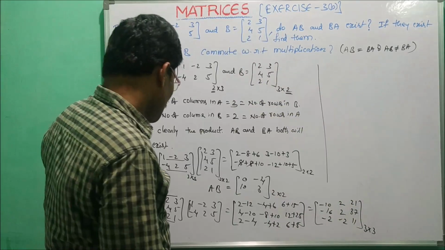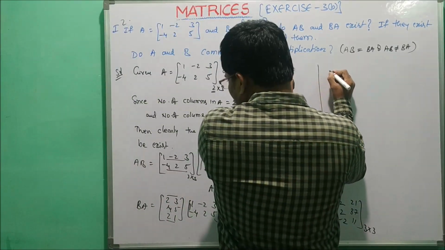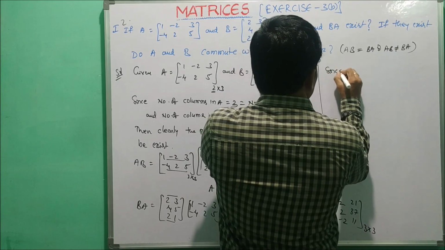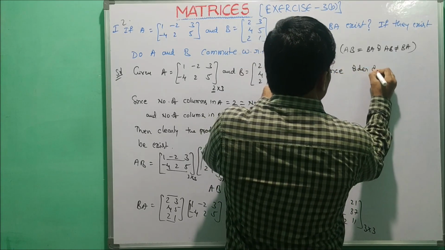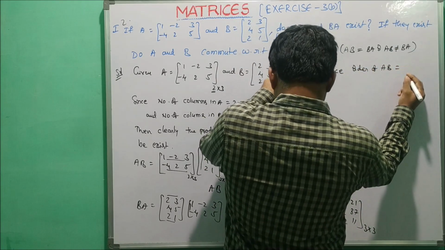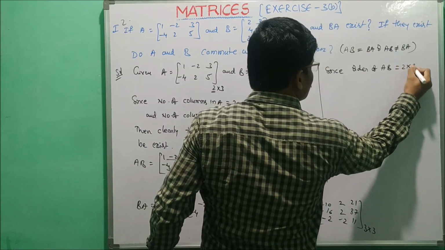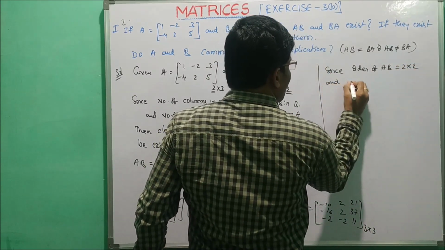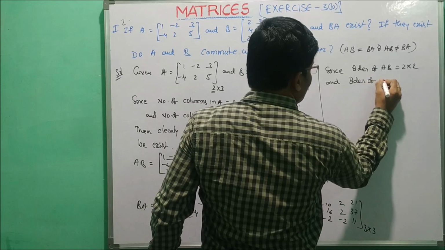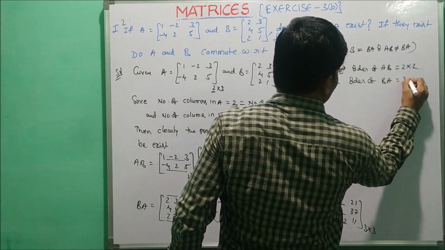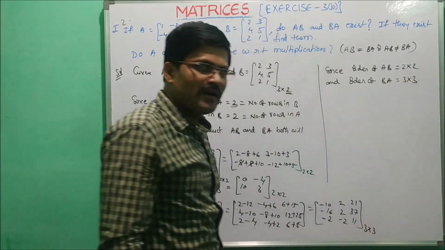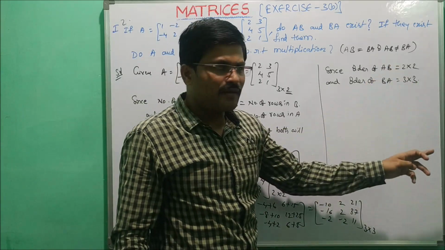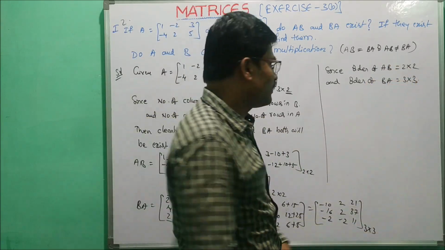The third one is, since order of AB is 2 by 2 and order of BA is 3 by 3. For equal matrices, first of all orders are the same. Here orders are not equal.